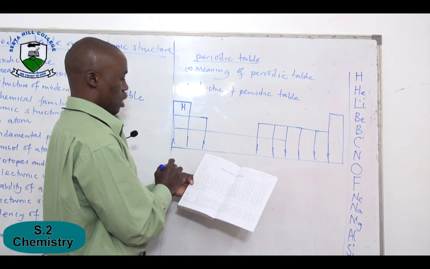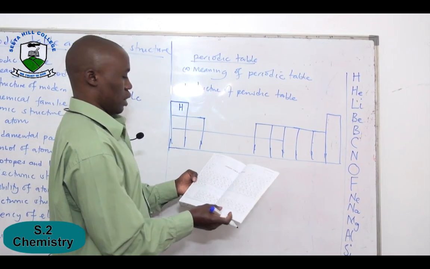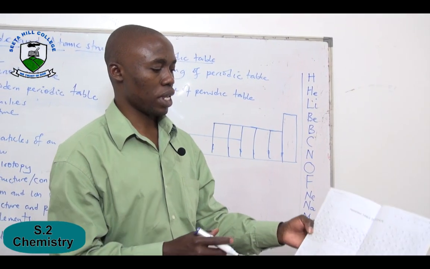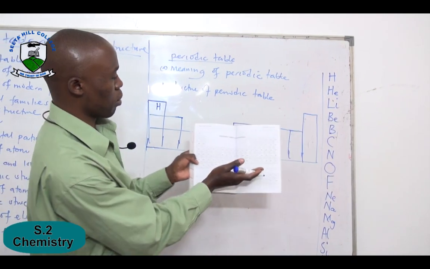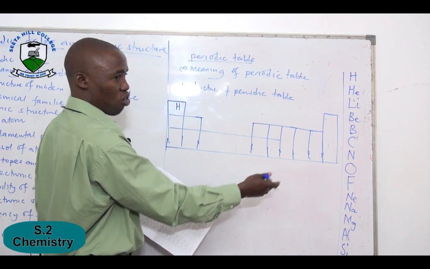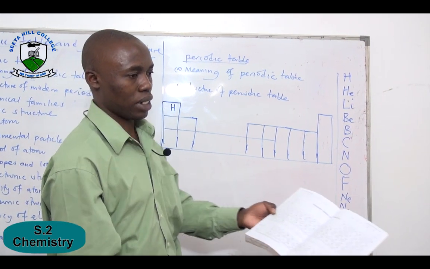We are deriving it from here, but drawing a portion of it. Remember, it has many elements. Even it has blocks. There is a block down here of more elements being discovered.